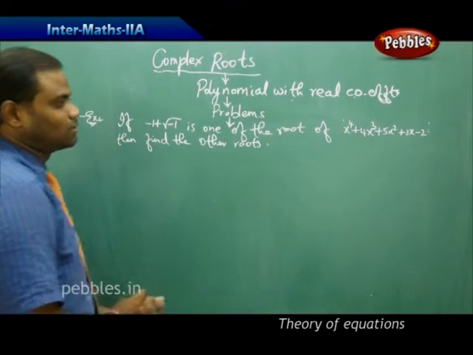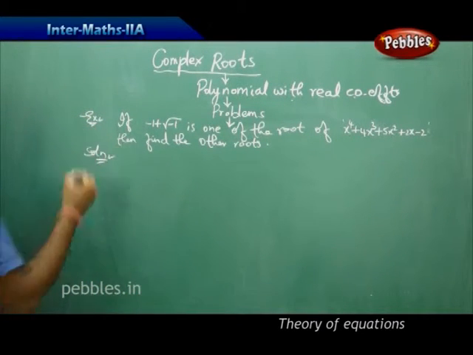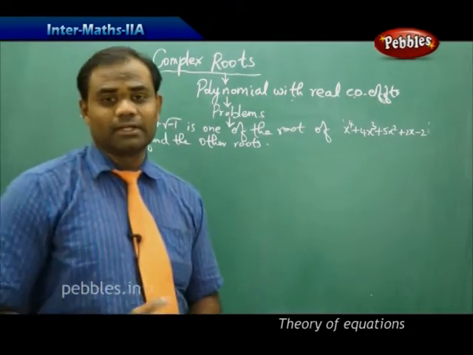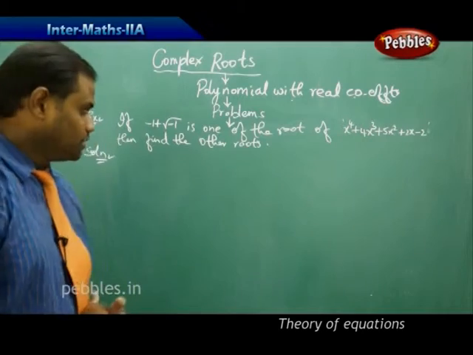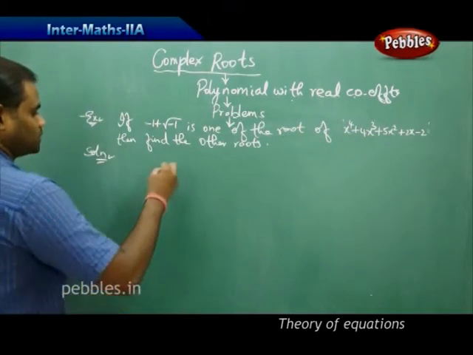In this kind of problem, I use the properties of complex roots because clearly one of the given roots is a complex root. So to start with, let's take the given polynomial function into the equation.